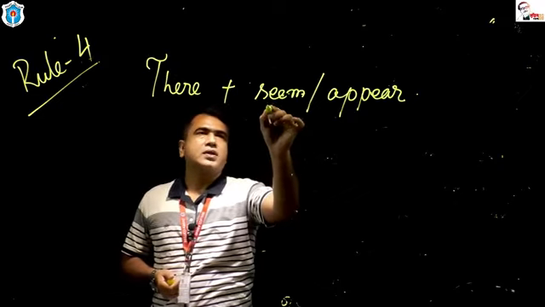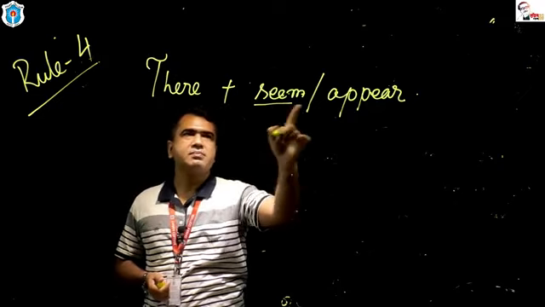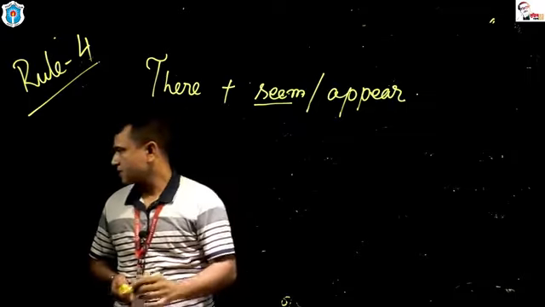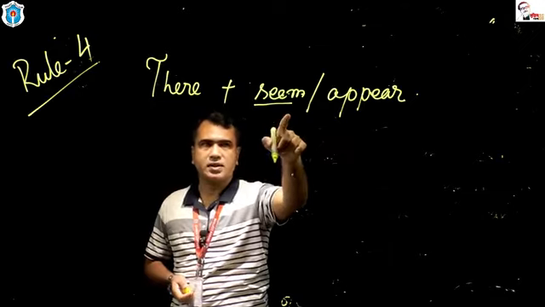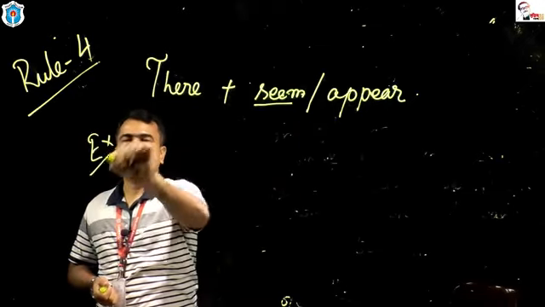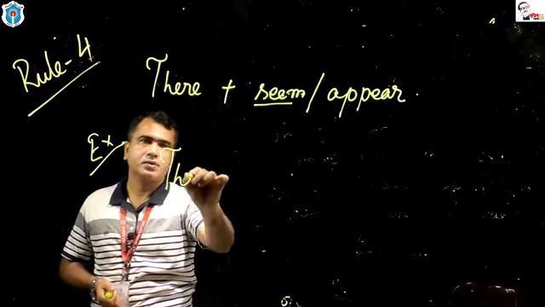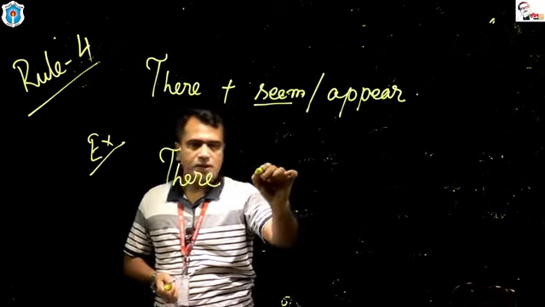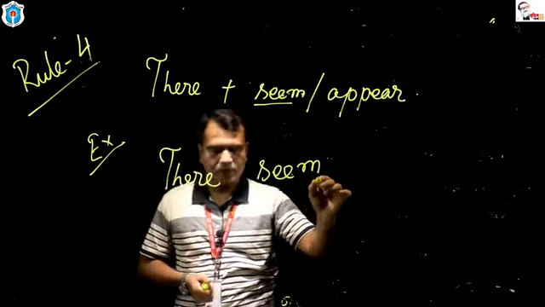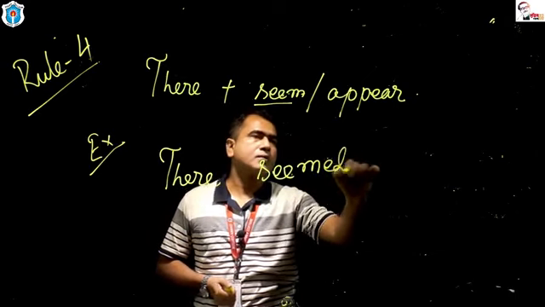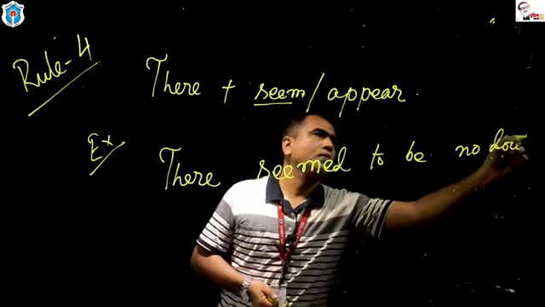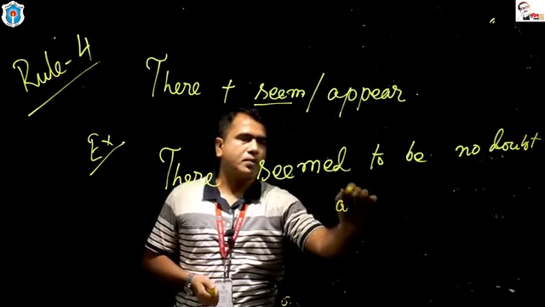That means we can use the verbs seem and appear with there. You can give me some examples by using there plus seem or there plus appear. I am giving you an example: there seemed to be no doubt about it.